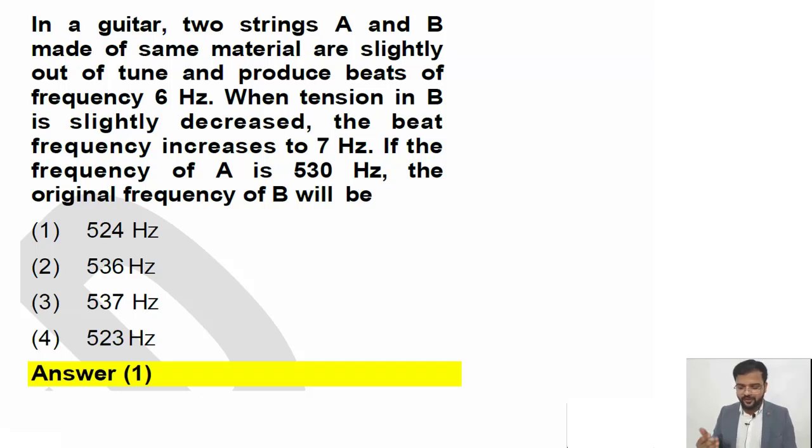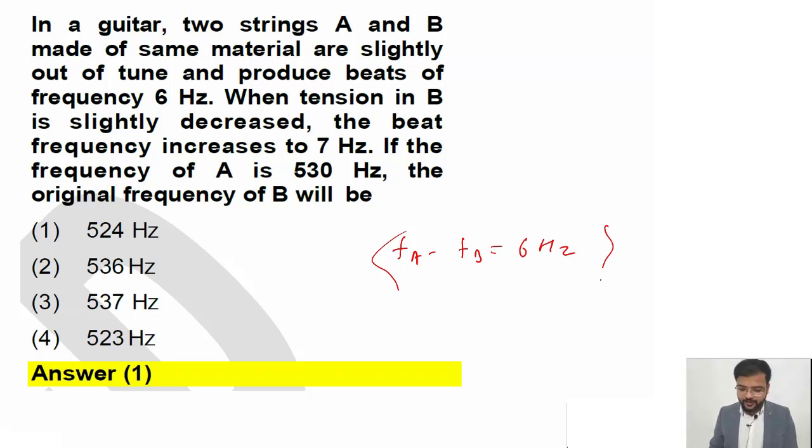If the frequency of A is 530 Hz, then the original frequency of B will be... So here beat is given as 6 Hz, meaning FA minus FB equals 6 Hz here, correct? So one piece of information is given.